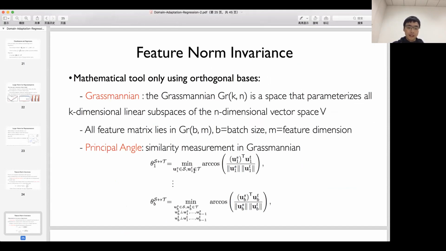And for the second principal angle, we remove the first orthogonal basis in source and the first orthogonal basis in target. In the remaining orthogonal bases, we can calculate the smallest angle between the other orthogonal bases.